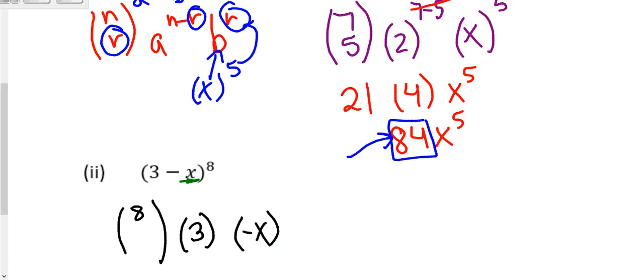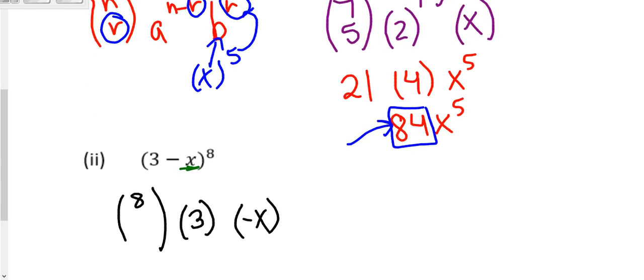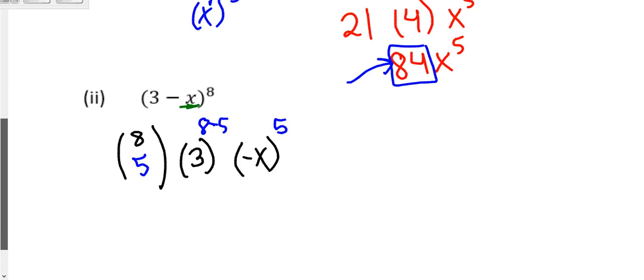And we need r. We need x to the 5th. So over here we need a 5. So this is 8 minus 5. And this is 8 choose 5. So we need to evaluate this.